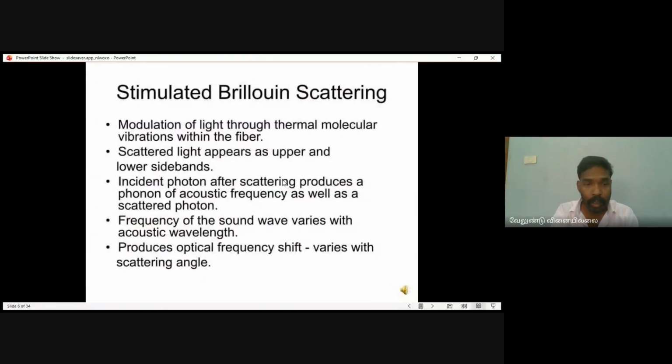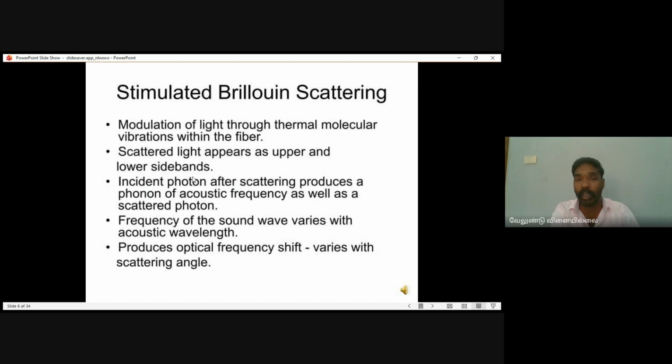In this case, the third point is very important. The incident photon after scattering produces a phonon of acoustic frequency as well as the scattered photon. All of you get the point? When the light falls on a plane, it produces scattering. First of all, it produces the phonon of acoustic frequency, the sound frequency, as well as the scattered photon.